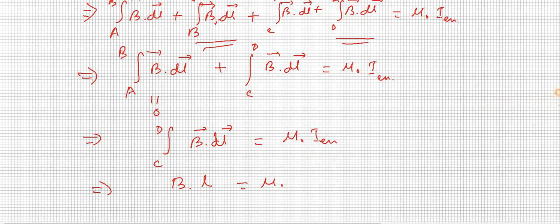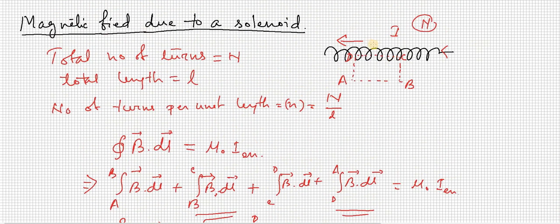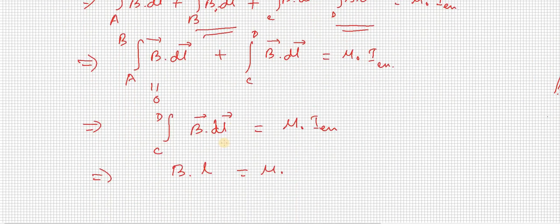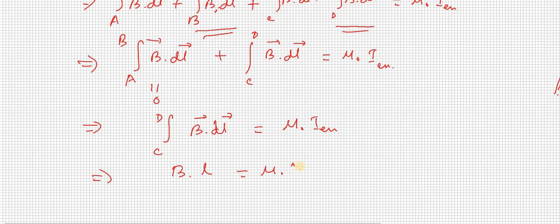If there are N number of turns along this length, we can write the total number of turns multiplied by the current. I enclosed is nothing but the number of turns multiplied by the current flowing through each turn.